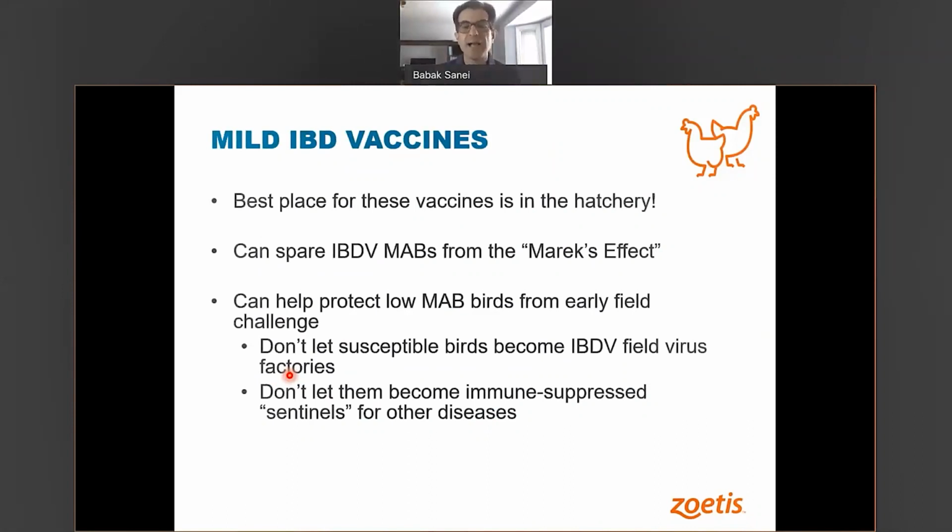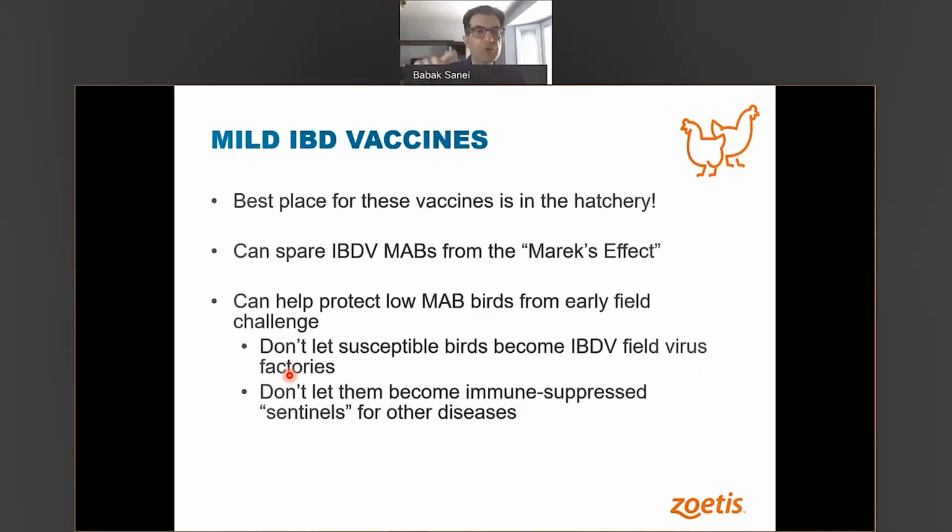What I want to mention here is that these types of vaccines will also be neutralized by maternal antibodies. So if you use these, they are only going to protect those broiler chicks that have low maternal antibodies, whereas birds with higher maternal antibodies will neutralize these vaccines.